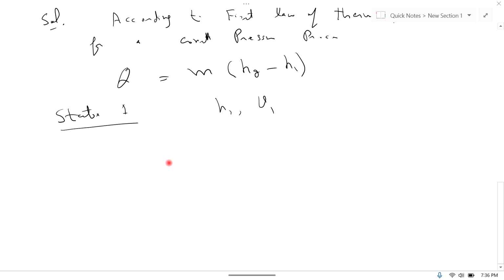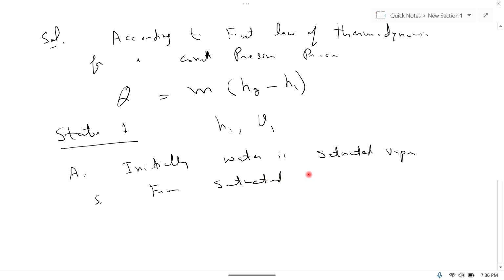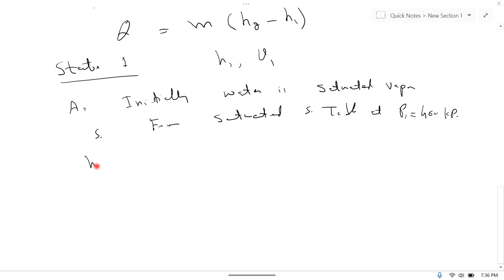Initially we know that water is saturated vapor, so from the saturated steam table at pressure P1 equal to 400 kilopascal, H1 is equal to Hg and V1 is equal to Vg.